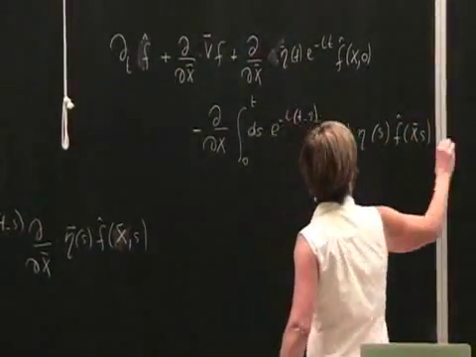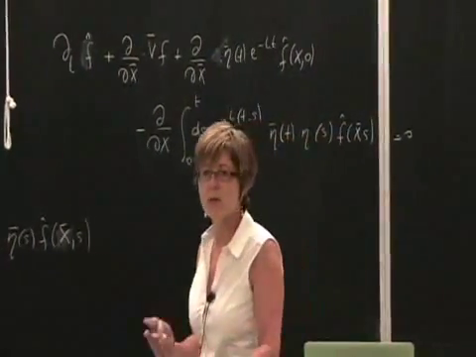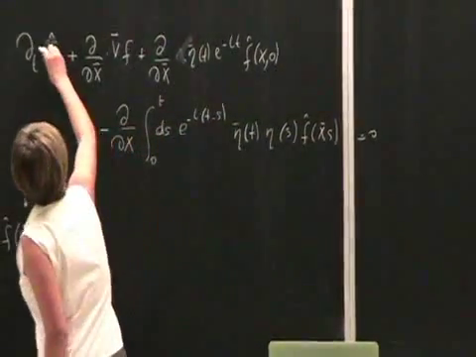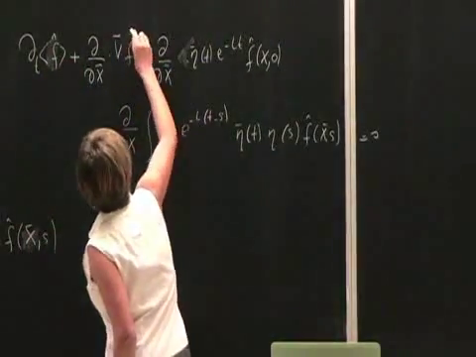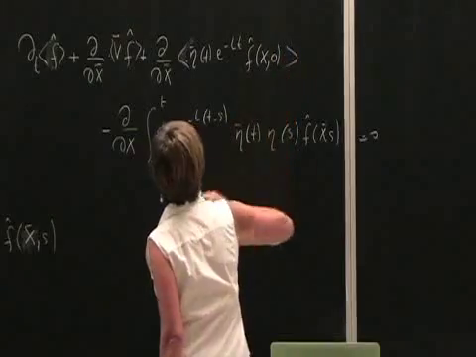Okay, so that's the equation I get. This is still an equation for the quantity which is not noise averaged. Now I want to noise average this equation. Just put brackets everywhere.